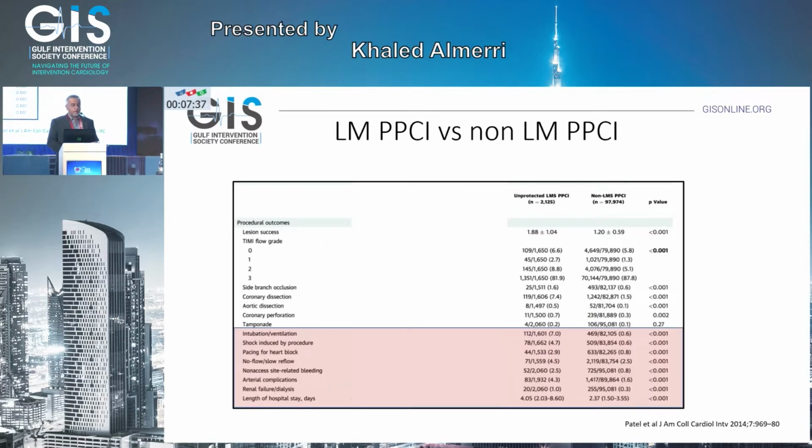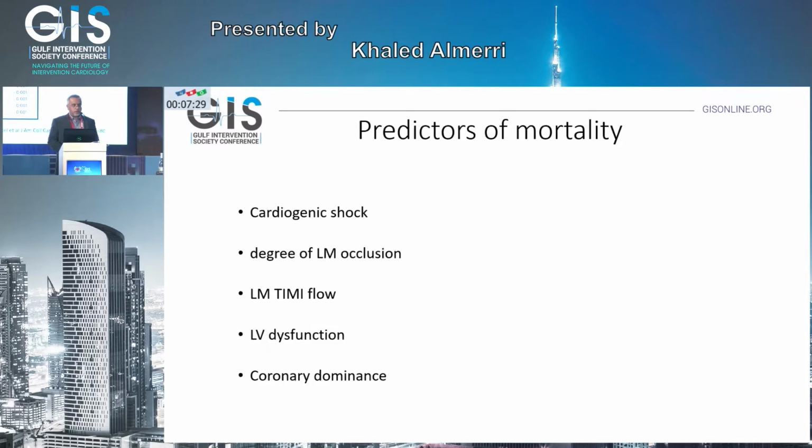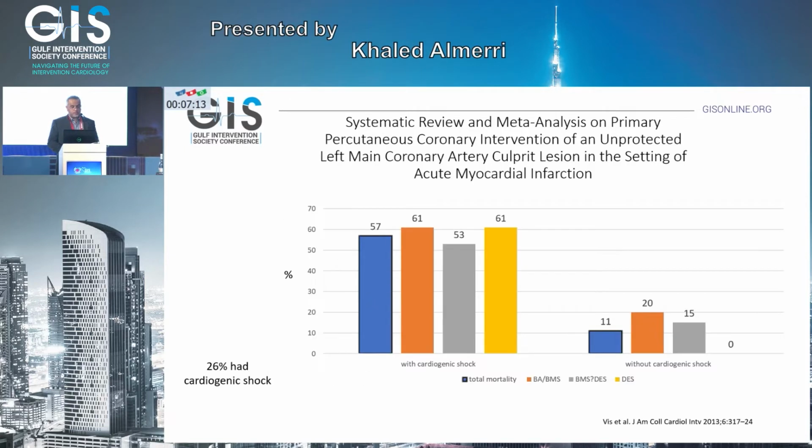And all other clinical predictors are higher in those patients, including ventilation and multi-organ failure. So predictors of mortality in those patients: one, whether they are in shock or not. Two, the degree of stenosis of the left main. Three, the flow into the coronary arteries, the degree of LV function, and coronary dominance.